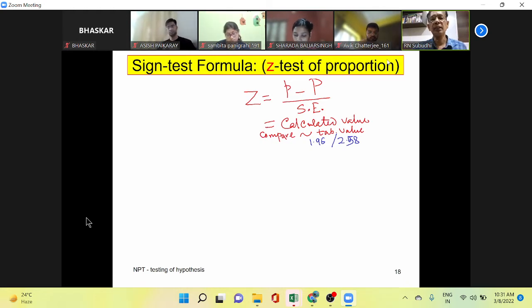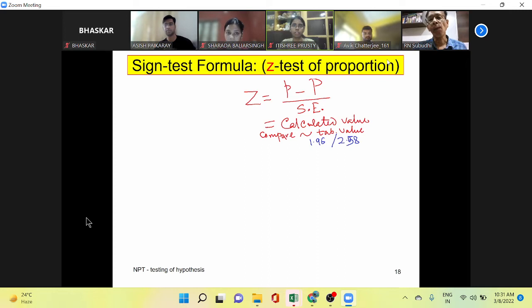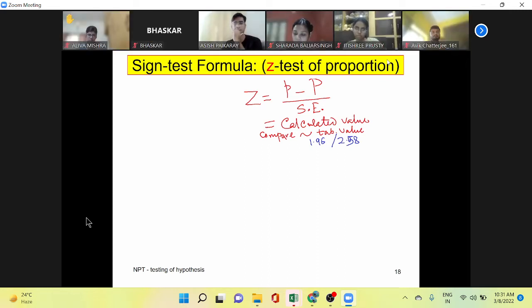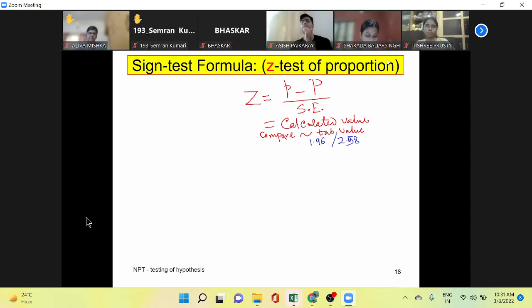What will be the standard error here? What is the formula for standard error? n-1?